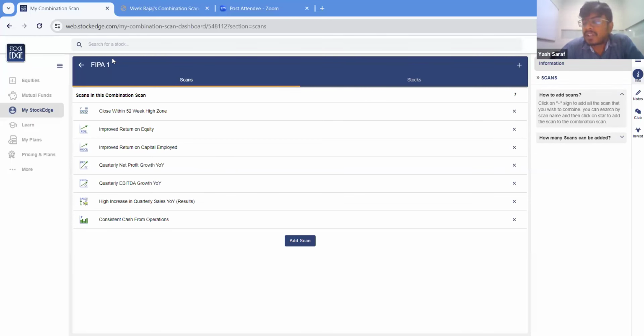Let's first talk about the price action scan. The first scan is close within 52-week high zone. If any stock is trading within its 52-week high zone, that is 52-week high levels, it is a clear indication that the stock is in a strong price action zone. That stock is very strong technically.